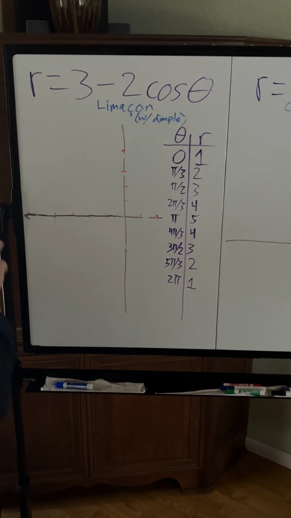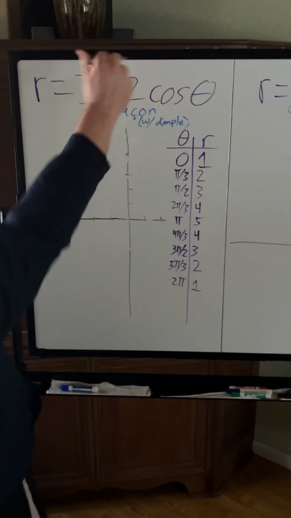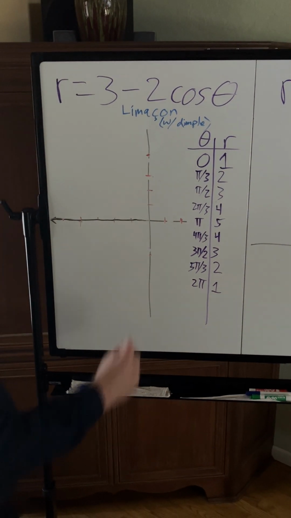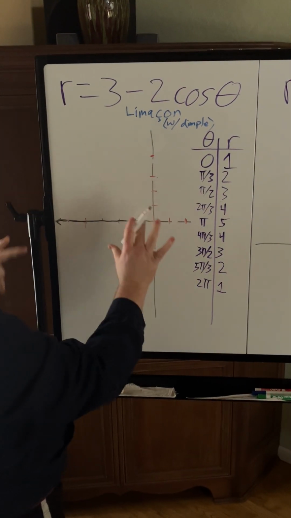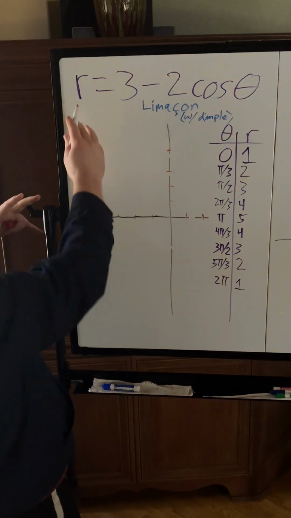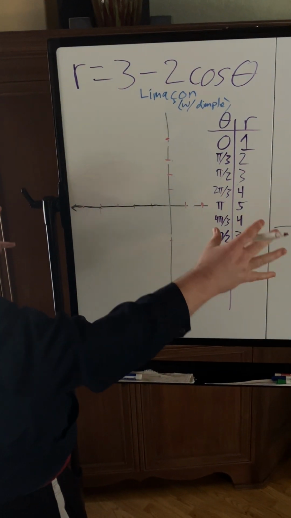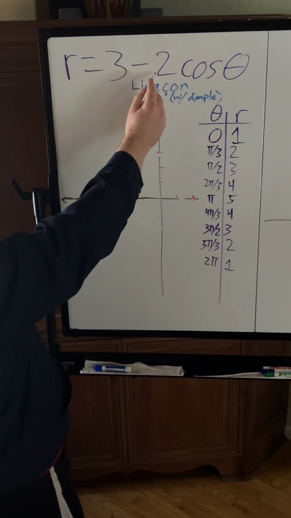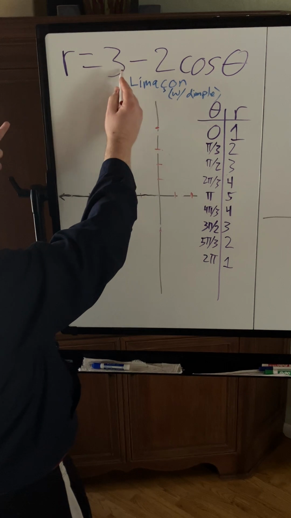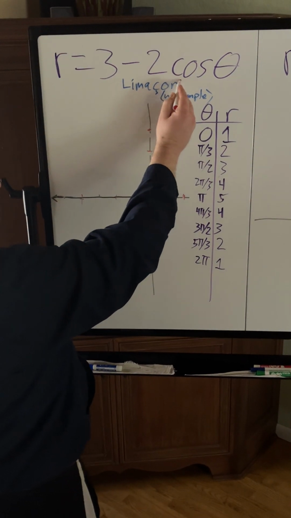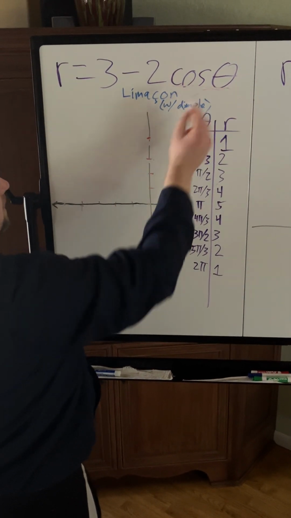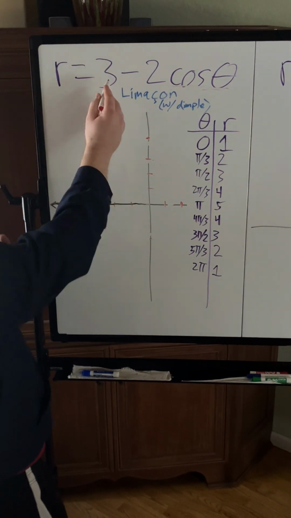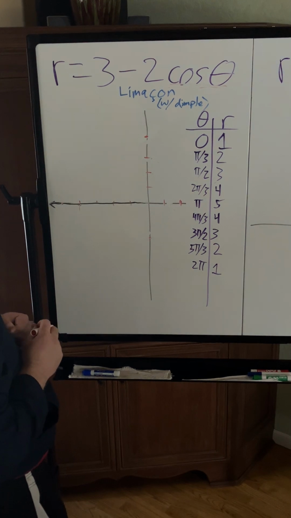Here's a couple more of these formats. So r equals 3 minus 2 cosine theta. When you are looking at these, it's helpful to figure out where r is at its biggest value and where it is at its smallest value. In this case, since we're subtracting a value from 3, when cosine is 1, r is going to be its smallest, because that's the most we'll be able to subtract from 3.